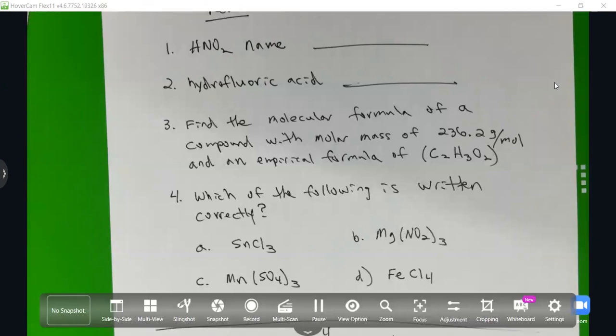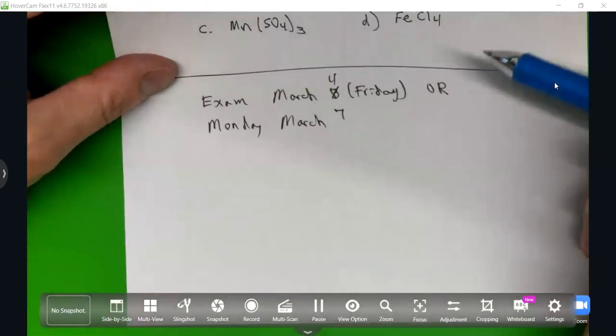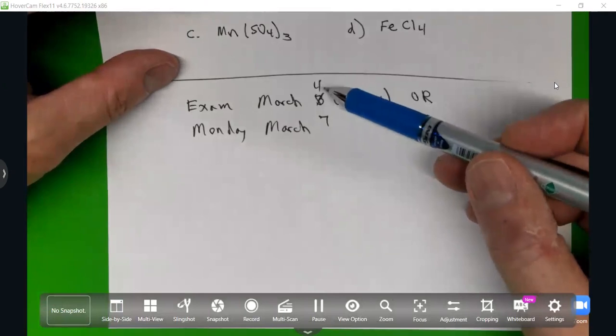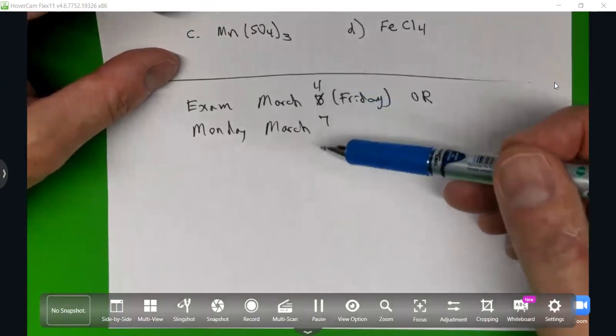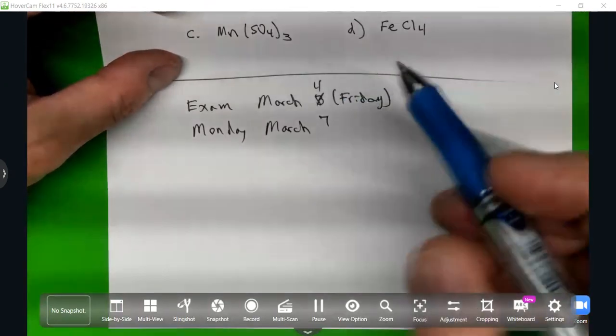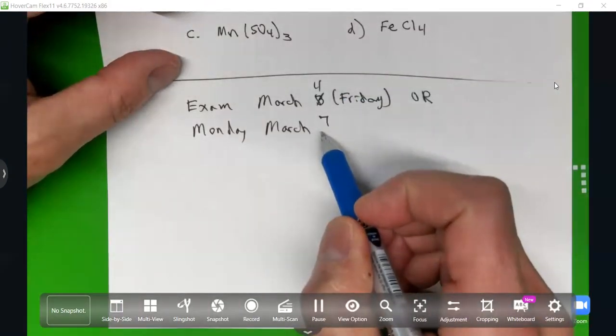All right, so let's get started here. I modified our learning guide a little bit last night, and I thought, oh, March 7th, we'll be done. We can probably have the test March 4th. And then after I went through more last night, maybe I did that wrong. So this was the original date.